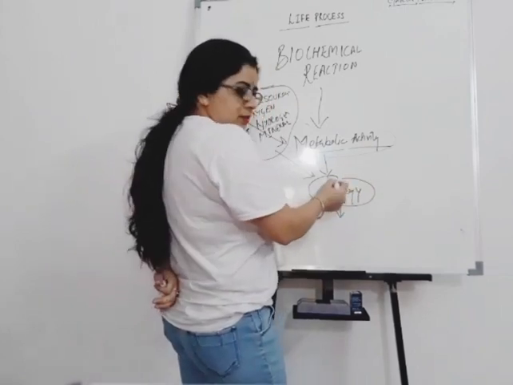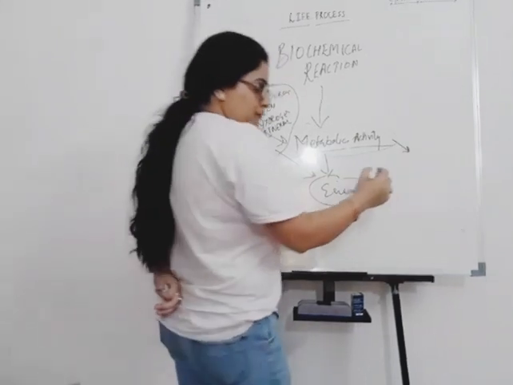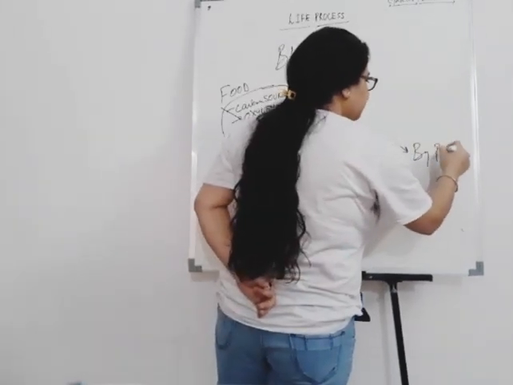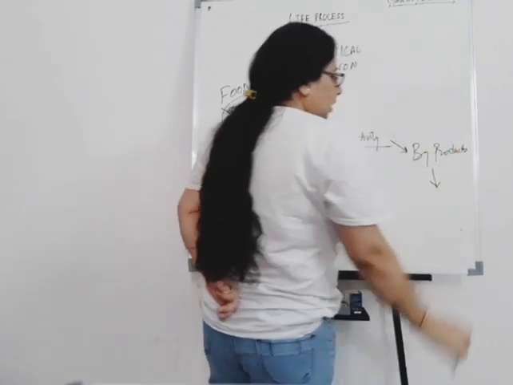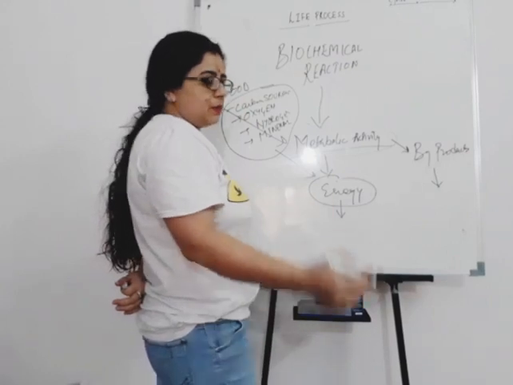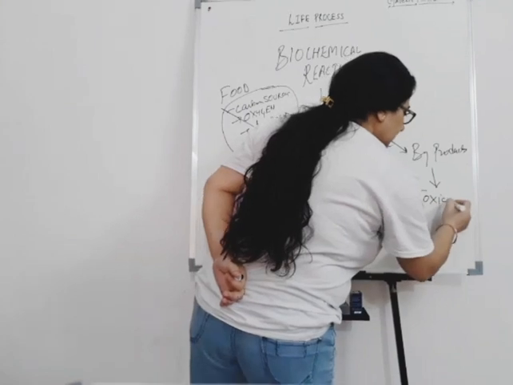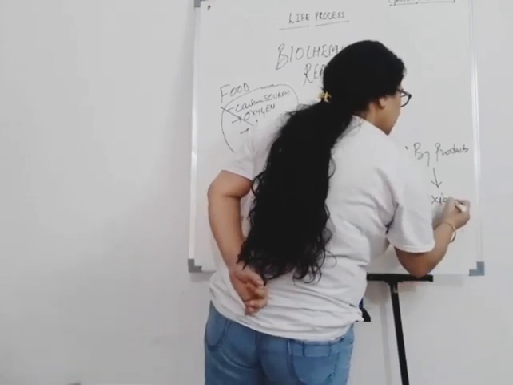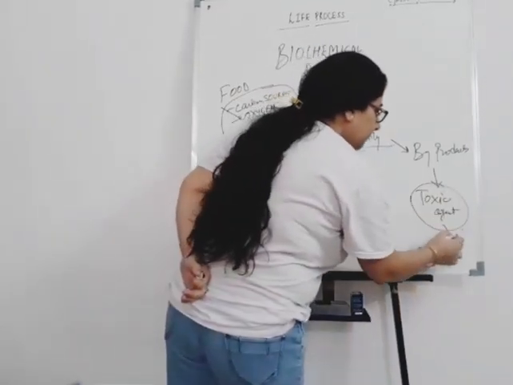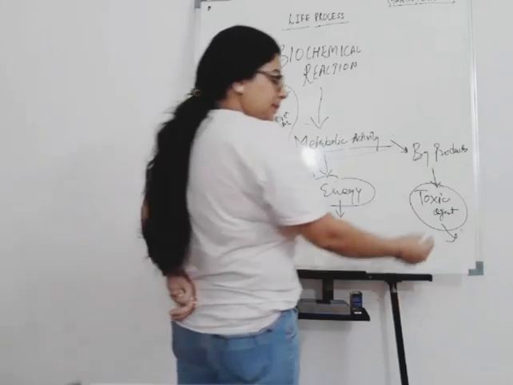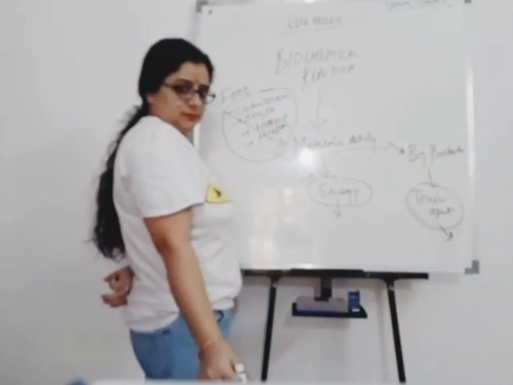During the formation of energy, some products which are unutilized by the body are formed, which are known as byproducts. If they stay in the cell for a longer time, they will work as a toxic agent. So they have to be removed from the body, and there is a specialized system to remove them, that is the excretory system.